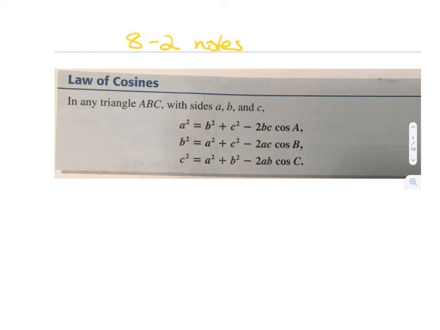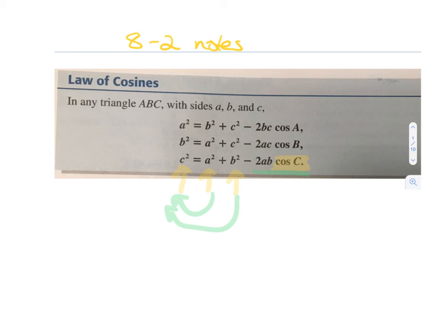Now, if you prefer to manipulate the equation and have it solved for, say, cosine A, cosine B, or cosine C, the problem is that when you're solving for cosine C, you can't do this continuously in your calculator. You're going to have to square this, square this, square this, then move these 2 over to this side, move this one to this side, and then divide both sides by negative 2ab.